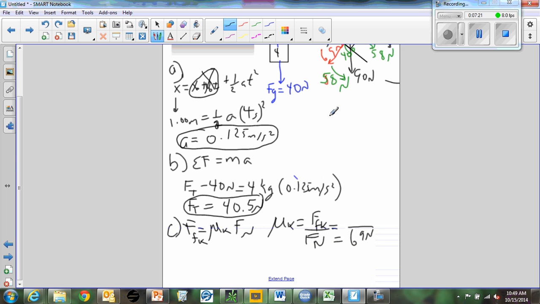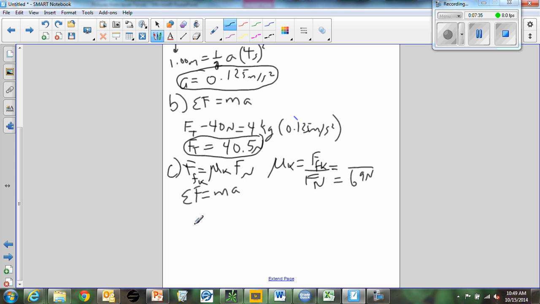So we're doing sum of the forces equals ma: 58 newtons minus 40.5 newtons minus F of F, which we don't know, equals 9 kilograms times 0.125 meters per second squared.